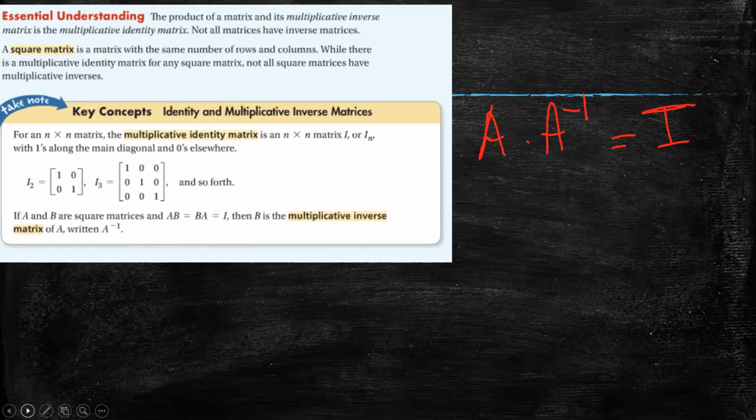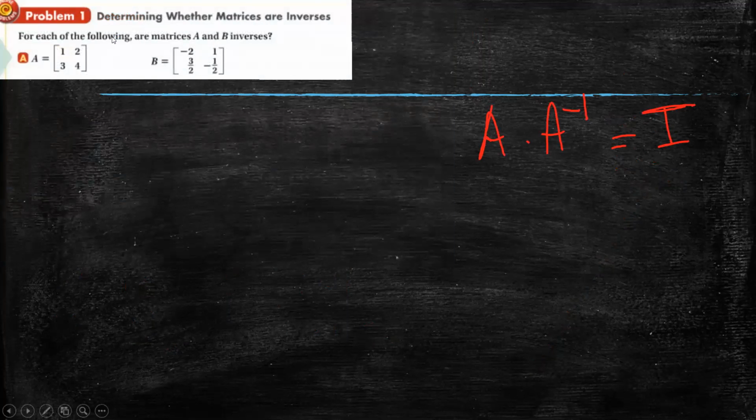Okay. Now, in this problem, let's determine if these matrices are inverses or not. How can I know if these two matrices are inverses? By multiplying them.